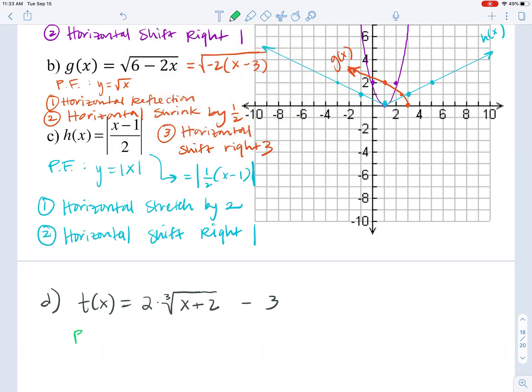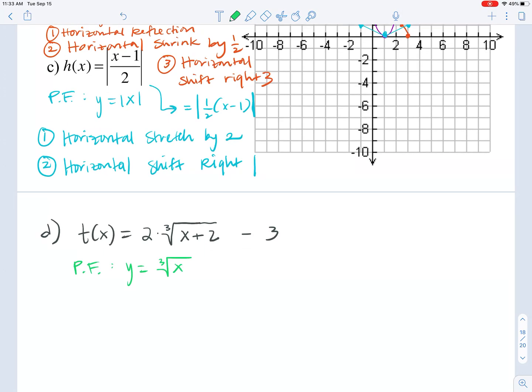So reading from left to right, my parent function would be the cube root of x. And that 2 would be a vertical stretch by 2.